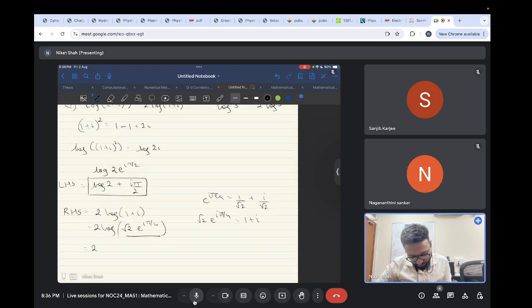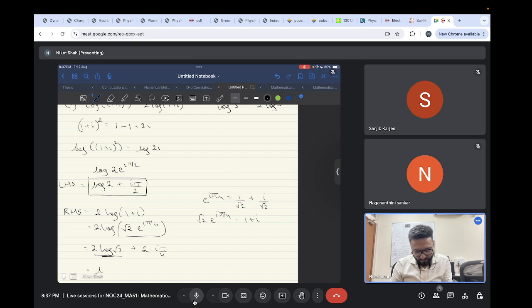So this is equal to 2 log root 2 plus 2 into i pi by 4. 2 log root 2, this you know, because now root 2 is a real number, so 2 into log of some number is basically log of the number squared simply.